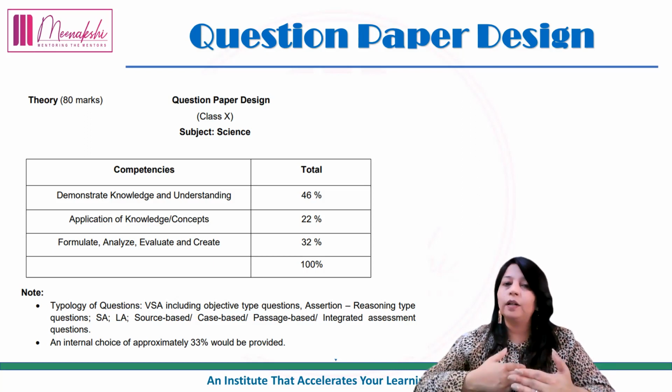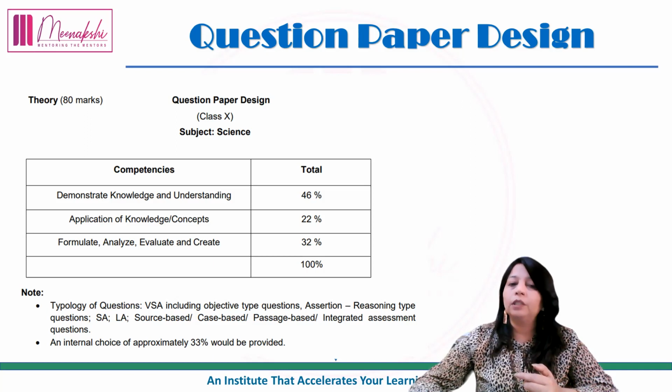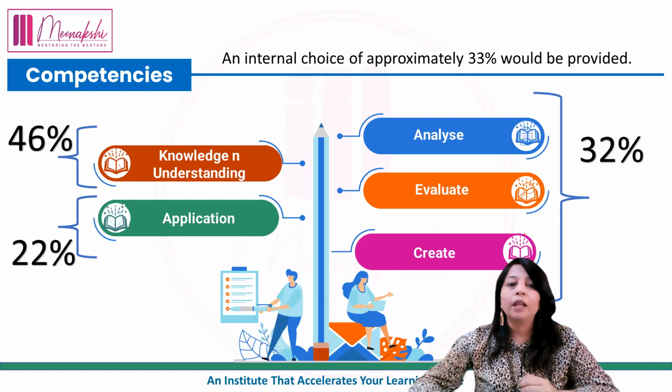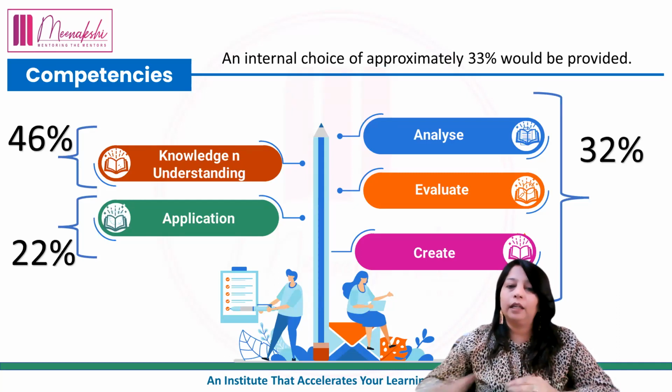Like, the number of questions will remain the same. We will be discussing in the upcoming slides, if there are 39 questions, they have to attempt all 39 questions. However, 33% internal choice will be there for the students to select what type of question they would like to appear in. Now, just have a look at the various kinds of competencies, my dear educators.